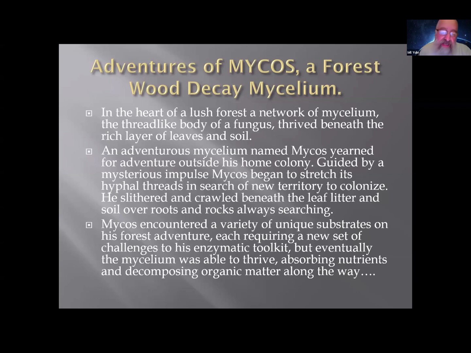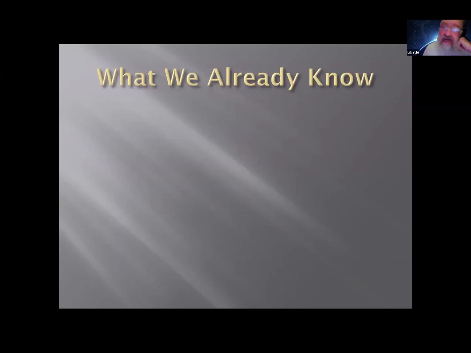But eventually, the mycelium was able to thrive, absorbing nutrients and decomposing organic matter along the way." Well, I thought that was really excellent for artificial intelligence because it actually captures the essence of what really happens when mycelium is in search of a new substrate to colonize.